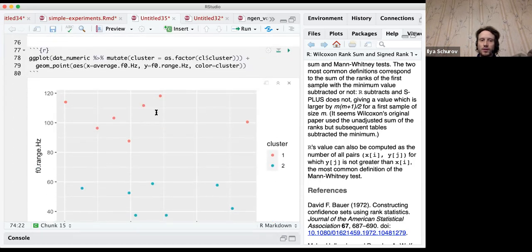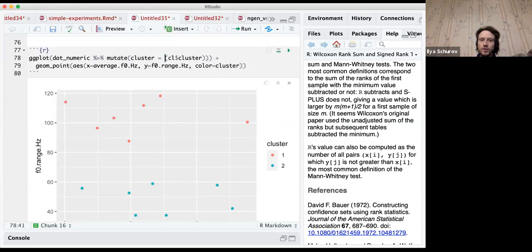And then ggplot understands that this is categorical variable, not numeric. And so it draws it in this way. So for each category, for each factor level, it creates its own color. And we have this picture.